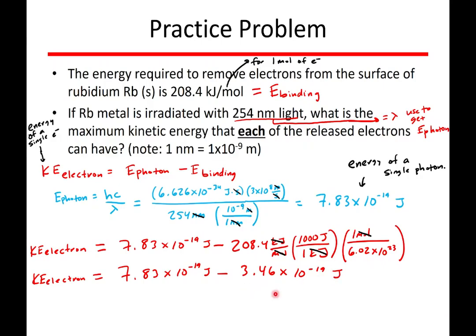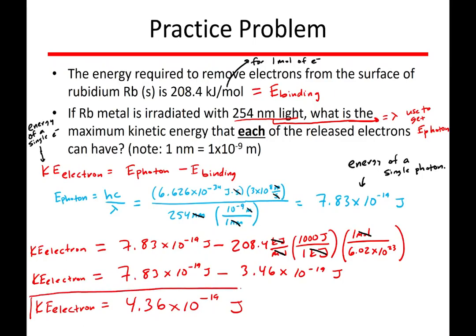That's the cost of removing the electron. So when you subtract that from the energy that's put in, whatever's left over is the excess kinetic energy that the electron will be released with. That's like the change you get back when you buy something at the store. So the kinetic energy of the electron, that leftover energy, is equal to 4.36 times 10 to the minus 19 joules.